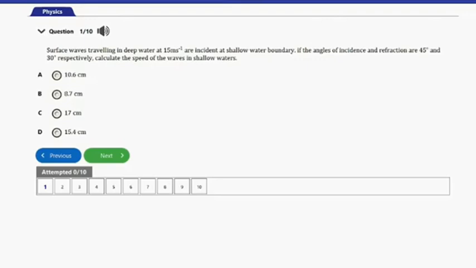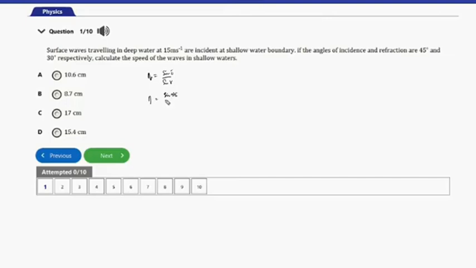So guys, in order to calculate for this, let's recall that the refractive index is equal to sine angle of incidence over sine angle of refraction. So the angle of incidence here is 45 degrees and the angle of refraction is 30 degrees.